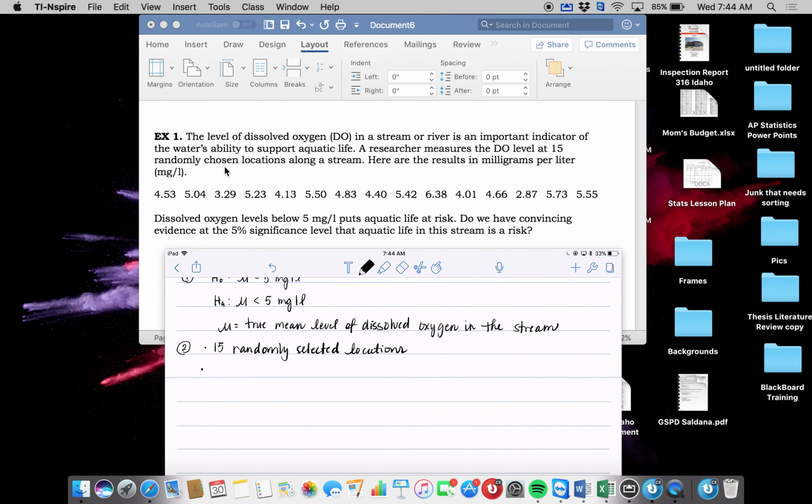But we're really just sampling from a stream, so you can actually sample an infinite number of locations. So you really don't have to worry about the less than 10% here. We can just write the following: there is an infinite number of locations to sample from in the stream.